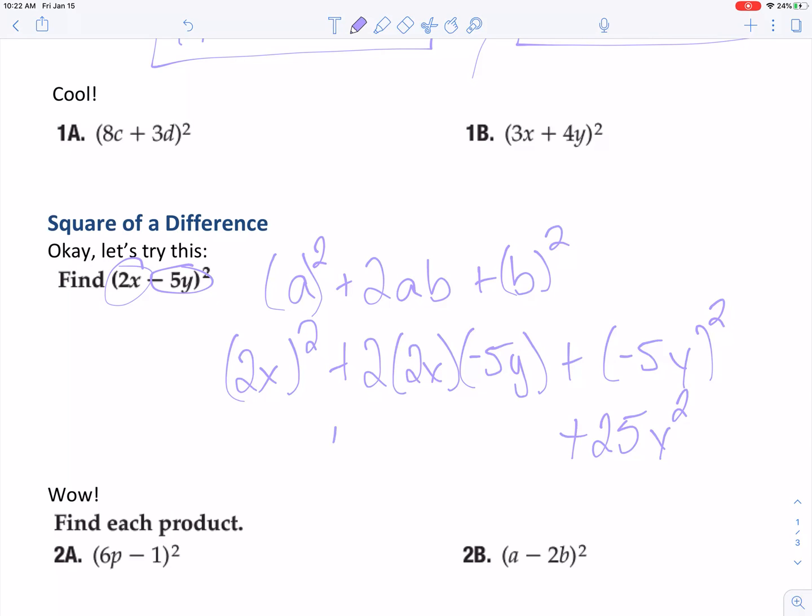Kind of did this backwards, didn't I? And then I have 2 times 2, which is 4. And then 4 times negative 5, watch out, positive times negative is going to make a negative 20. And it looks like I still have xy to tack on there.